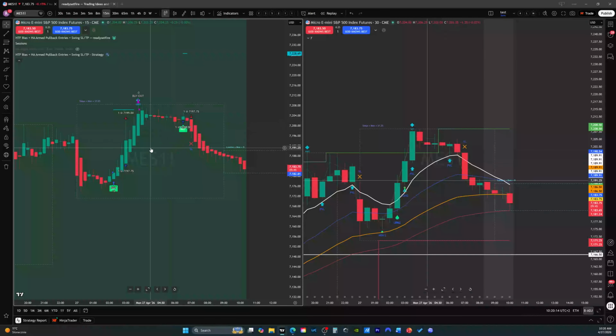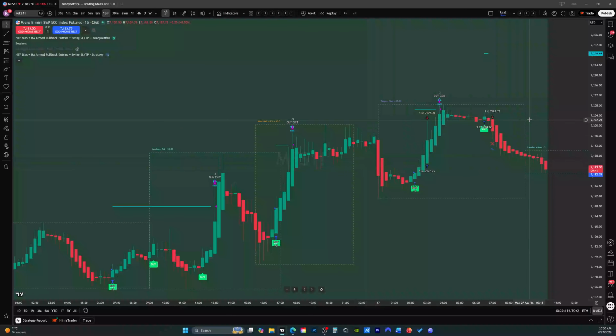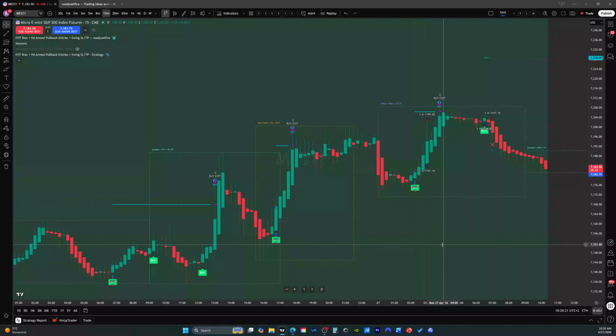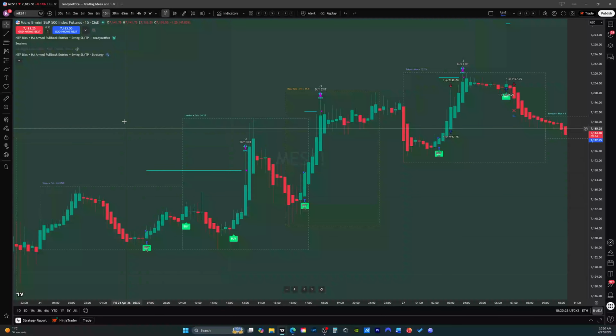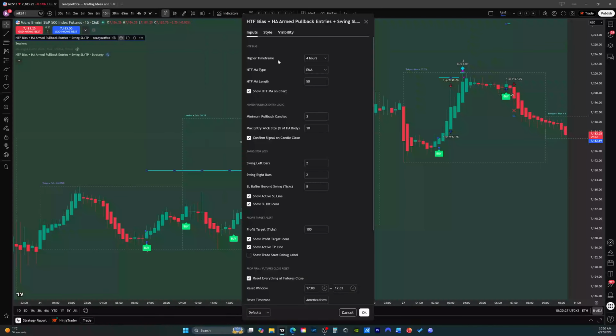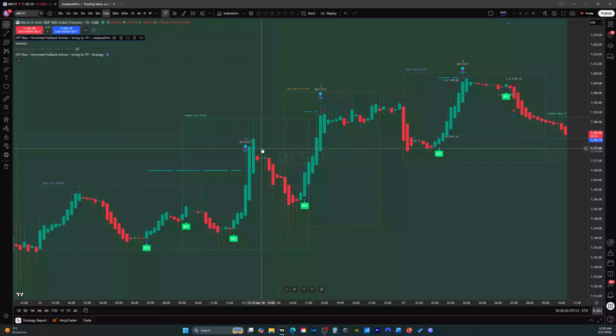Okay, so going back to what this video is about. Before the update, with the current settings, it says three minimum pullback, three Heikin Ashi candles, so that's more than three.